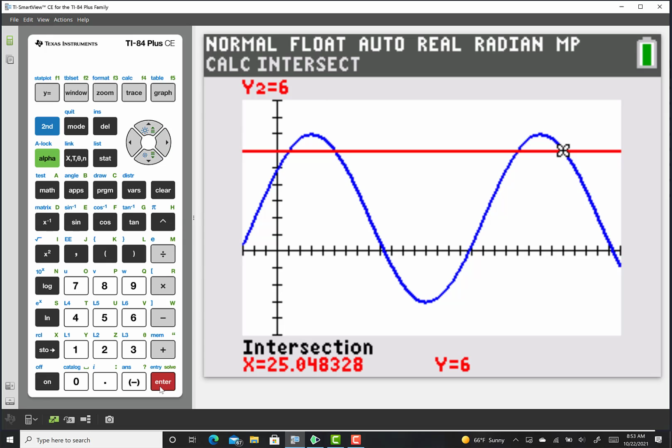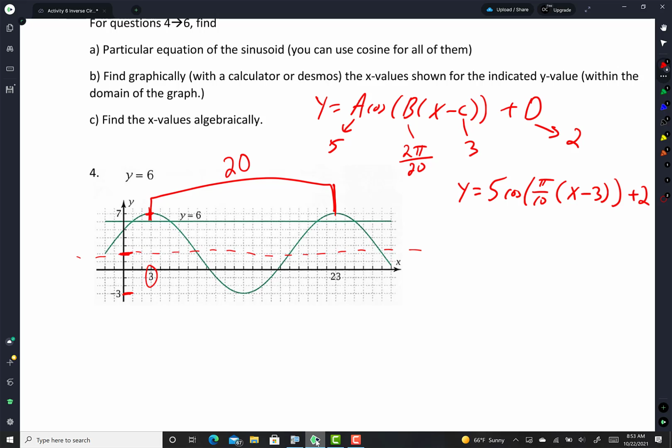And 25.048. Cool. Okay. Are we happy, guys? Or we're not happy? Okay. Let the record show that they are happy. I hope you guys are happy.